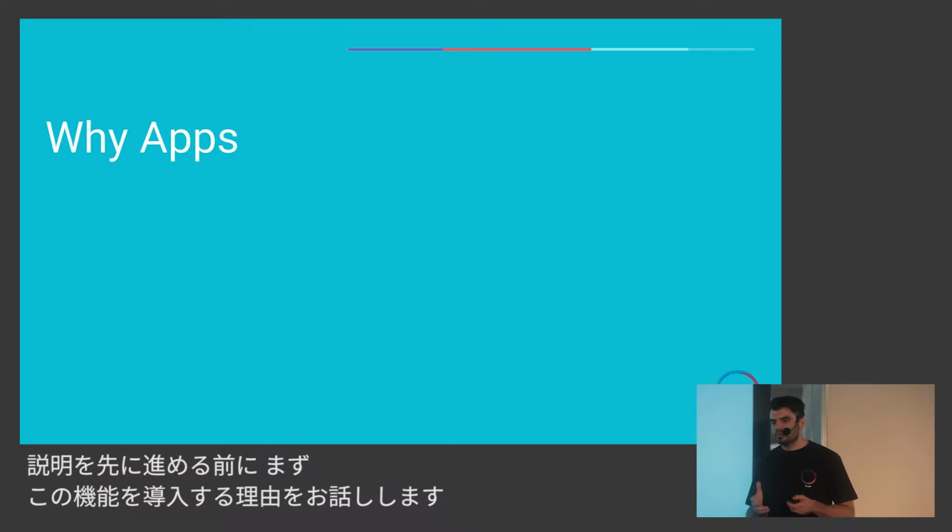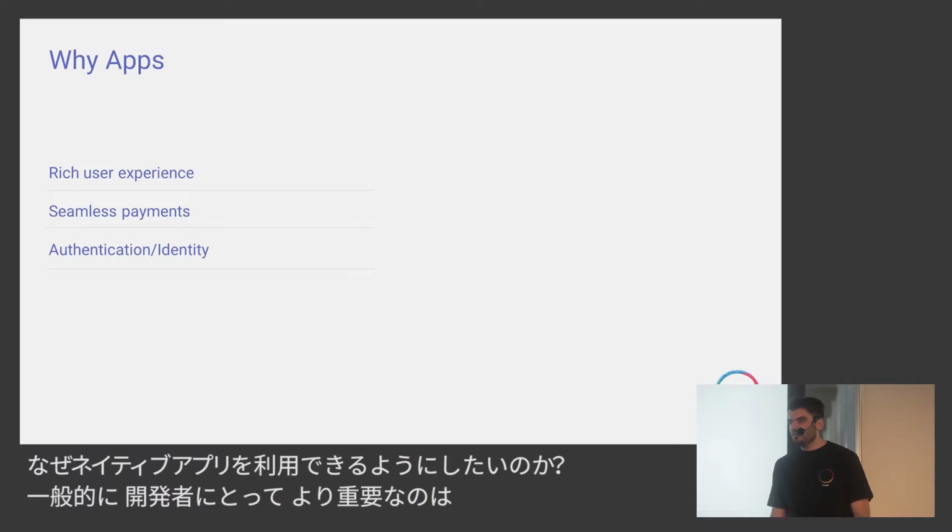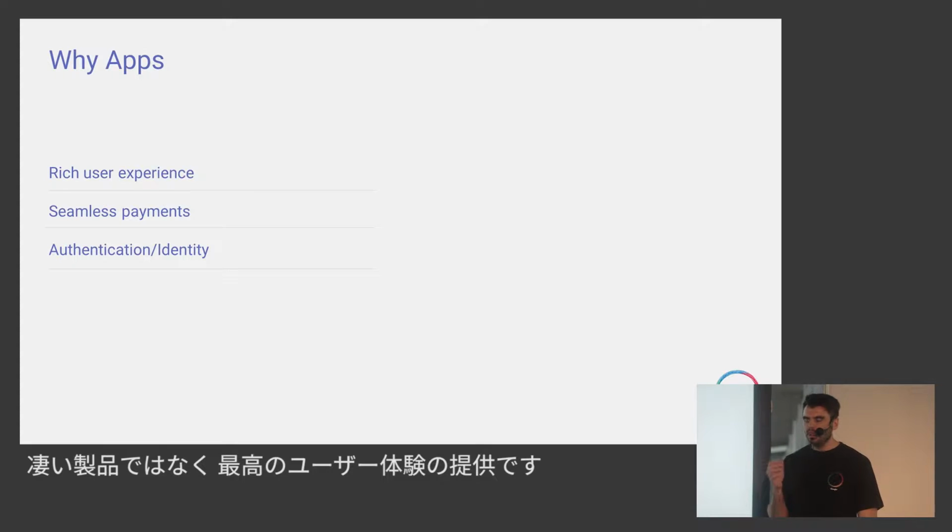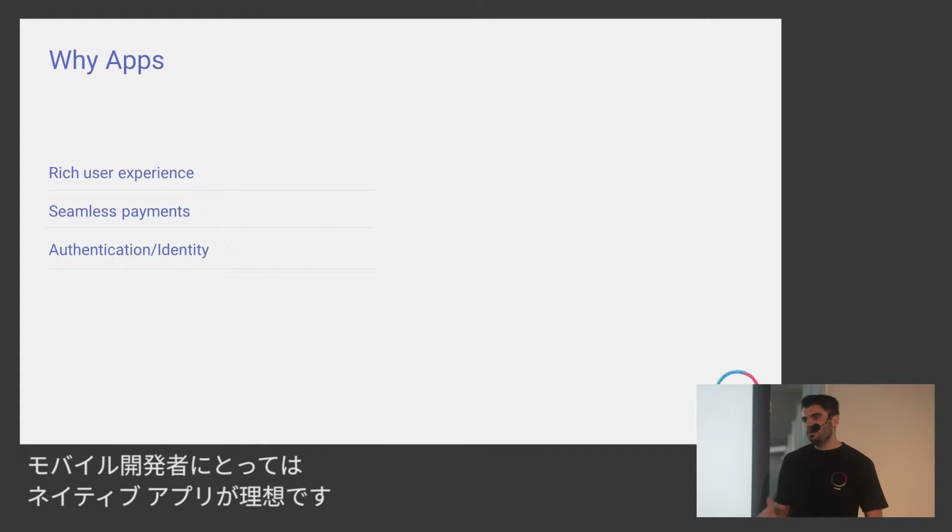So first of all, before we get too ahead of ourselves, why do we want this? Why do we want our users to get native apps? In general, as developers, we know that getting the best user experience possible is paramount to get excellent products. And if you're developing for mobile, a native app is the way to go.